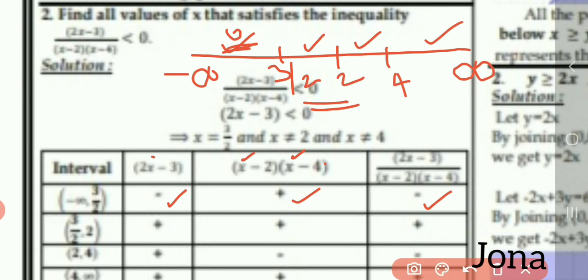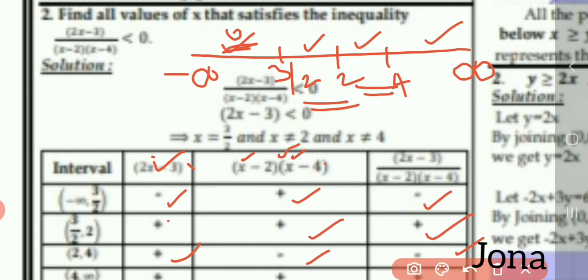If I put something there, it will be plus only, isn't it? And then here it will be plus, and plus divided by plus is plus only. And then from 2 to 4 I can take some other number. I can take 3. If I substitute the values here, it will be plus. If I substitute here, it will be minus, and the division of these two is minus.